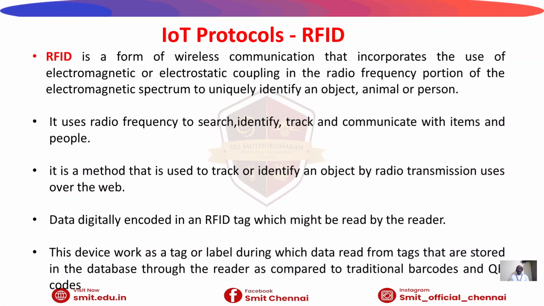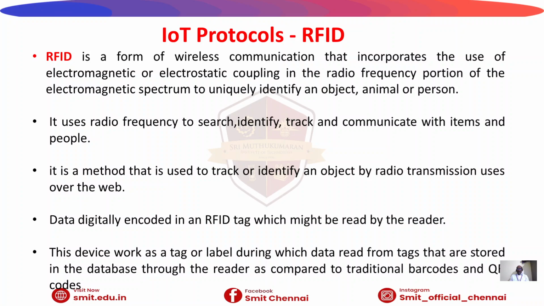This barcode identification requires a line of sight from the scanning machine to that particular object, and the same goes for the QR code: it needs the same line of sight, and only then will it work.